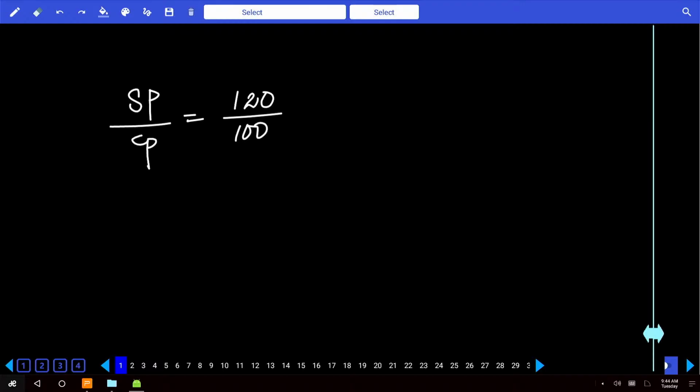For you, 60 is the cost price and 100 is the selling price. So your selling price is 100, selling me 100, but actually giving 60. The second case is over.